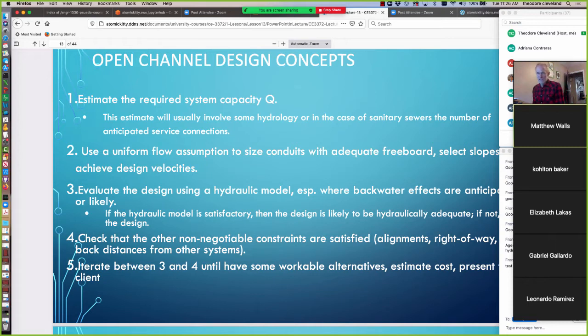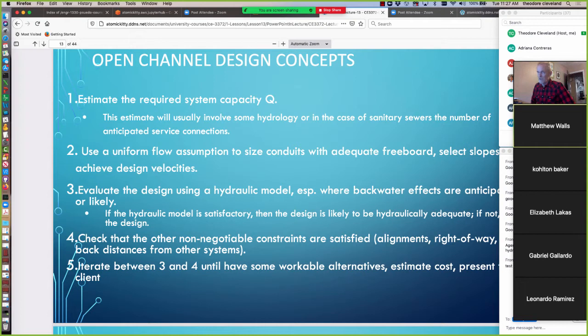Our second step would be to use a uniform flow assumption. So we'll assume a uniform flow prevails to size the conduits with adequate freeboard based on our design documents, select slopes, and attempt to achieve design velocities. You could stop at step 2 and hope that the design is going to work, but the prudent engineer would do some remaining steps.